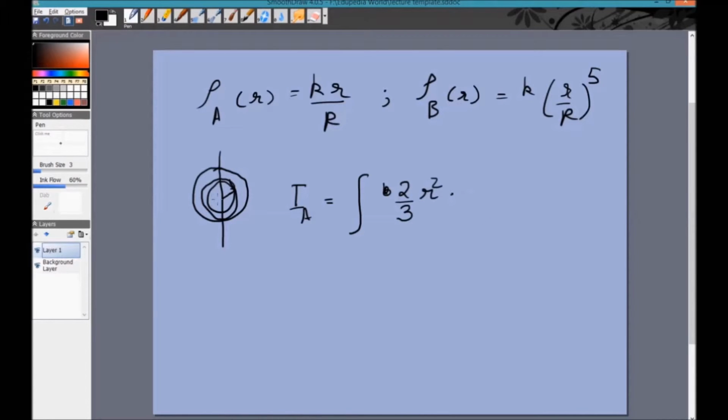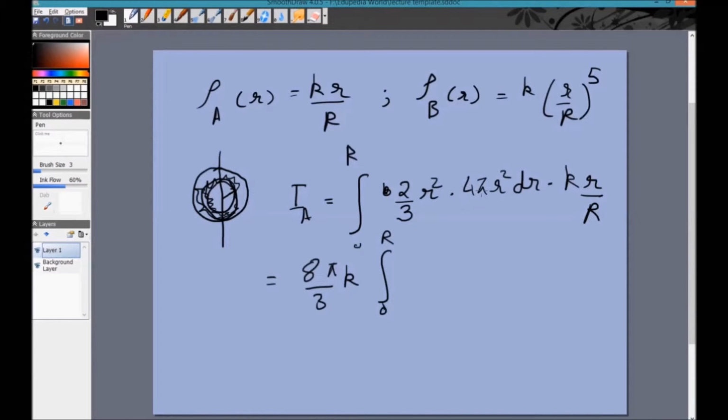Now what will dm be? Dm will be the small mass of this. So the mass of this will be the volume of this multiplied by the density. The volume of this is 4 pi r squared dr multiplied by the density, which is kr by R, right? So we need to solve this. This comes out to be 8 pi by 3 k integral from 0 to R, those are the limits.